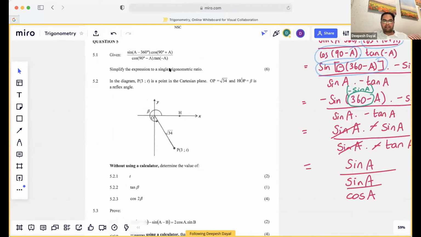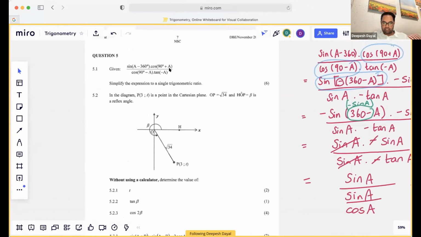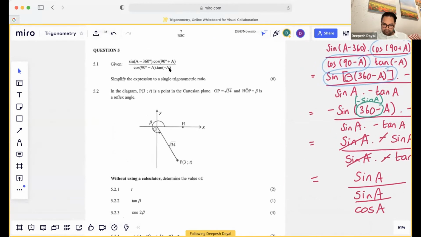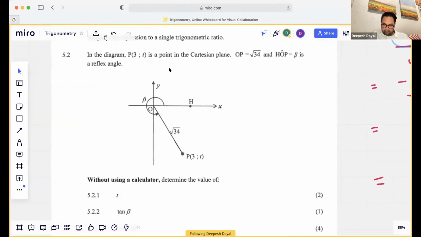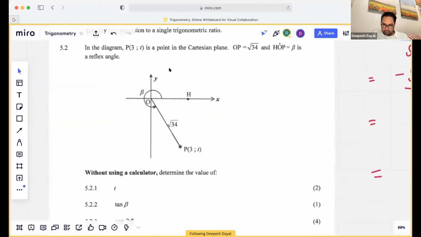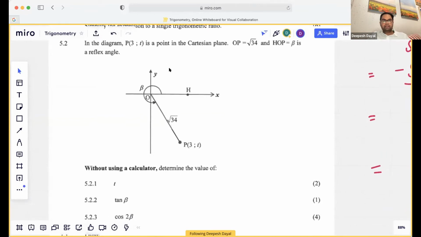Okay, we've got this diagram here. It says in the diagram, P is 3 and T is a point in the Cartesian plane. OP equals square root 34 and the angle HOP equals B or beta is a reflex angle. Without the use of a calculator, determine the value of T, tan B, and cos 2B. So let's do the first one.